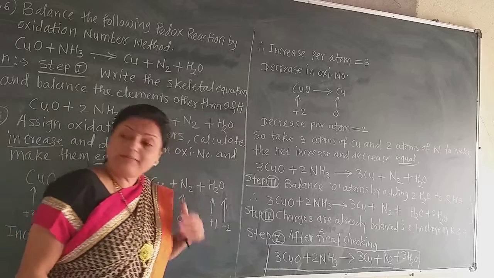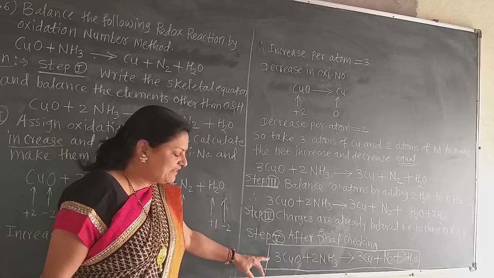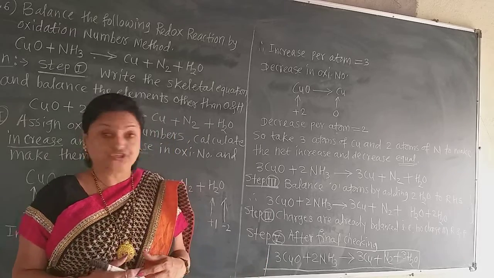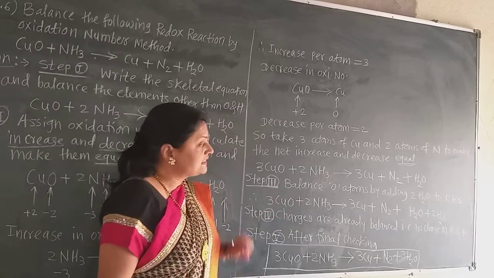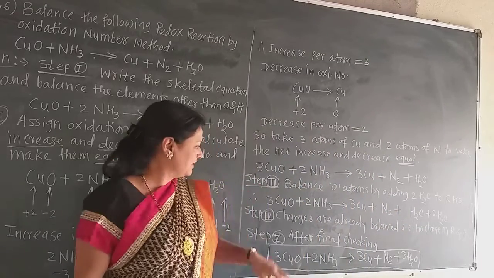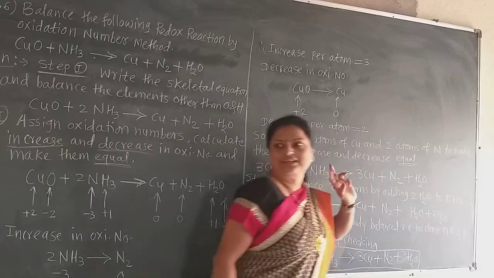And the last step is the final checking. Now write the same equation, but after checking all atoms, oxygen and hydrogen also. See here, 3 multiplied by 2 gives 6 hydrogens. Here 2 plus 4, 6 hydrogens. Oxygens are 3, here also 1 plus 2, 3 oxygens.